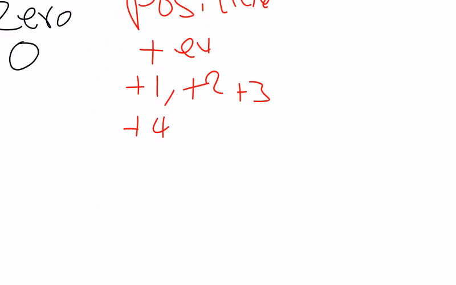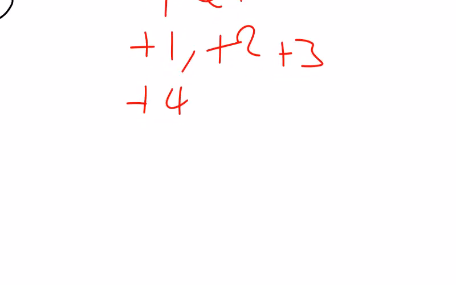And one important thing is you can write a number without adding any sign, and the number is positive. For example, if you see the number 2 without any plus or negative, automatically it is positive.